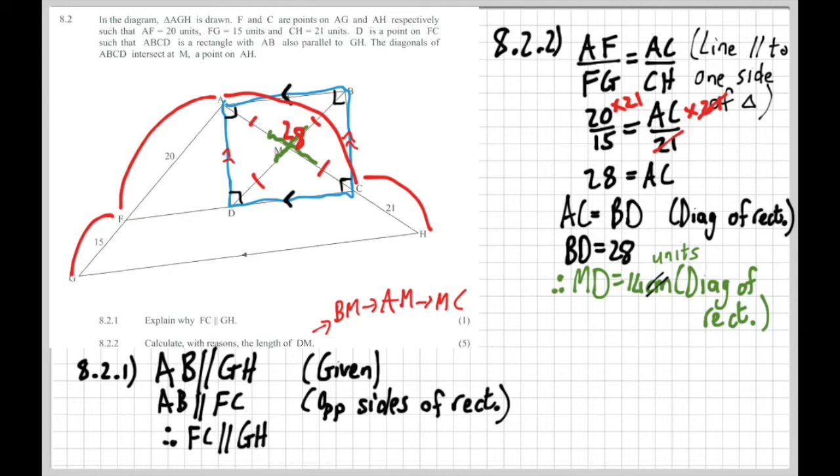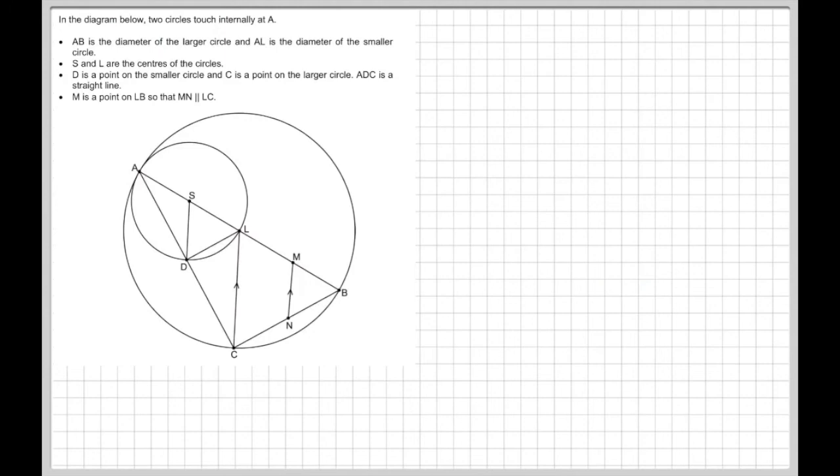My next question was found in an IEB paper. Now, before I actually look at the question, I'm just going to look at the info and run through this. I encourage you to hit the pause button, try this question yourself before you look at the way I interpret this one.